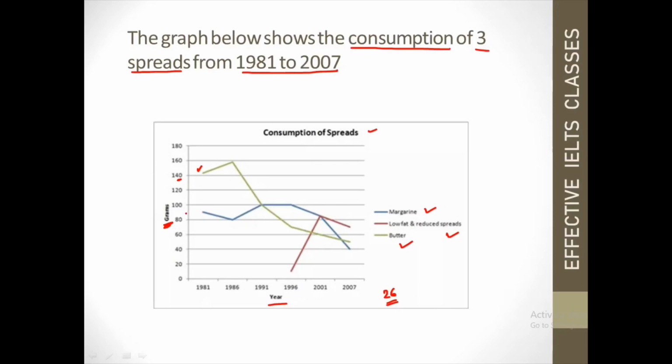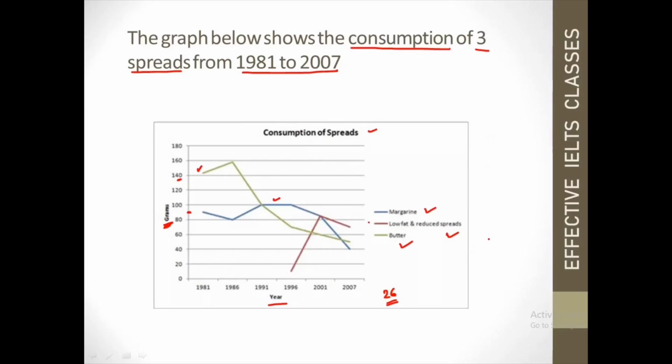It started from 90, then there are some fluctuations, that means it increased, it decreased and then it increased, and after that it remained constant and it also decreased afterwards. And if we talk about low fat and reduced spreads, it was not introduced, it was not consumed till 1996. After that its consumption skyrocketed and then decreased a little.